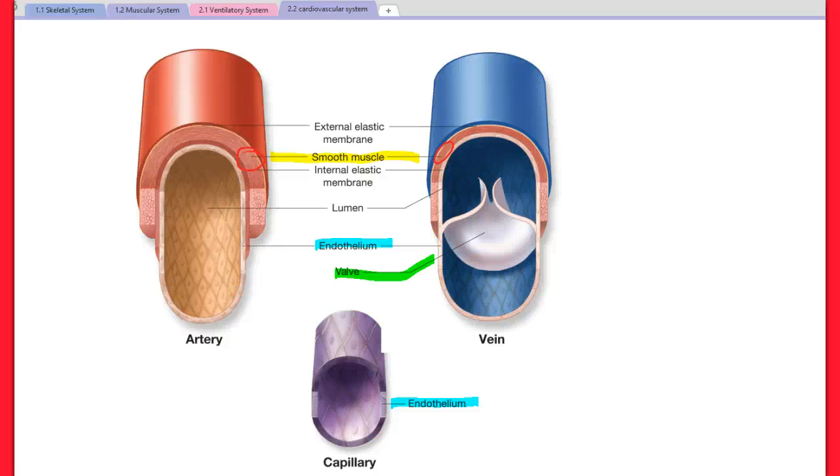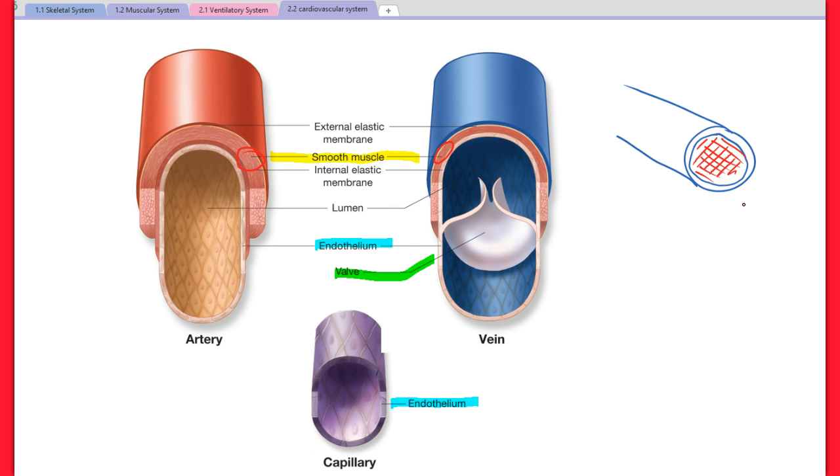The hole, the size of the hole that the artery, veins and capillaries have, is referred to as the lumen. So if I just draw a very bad looking blood vessel here, the area in which blood can flow is described as the lumen.